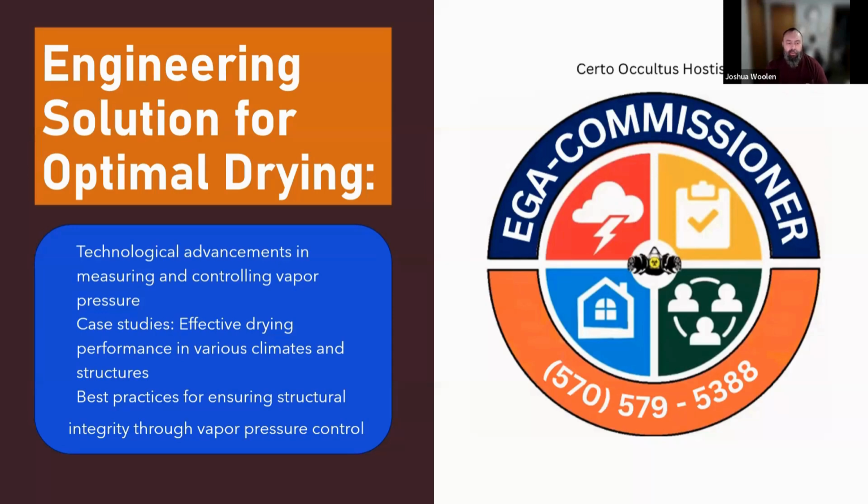How can vapor pressure be effectively managed in different climates and in different structures? And the answer is that it really can't be, because every environment is unique, every environment is different, and the materials can change rather rapidly from one floor to the next floor based on how things are set up and what things are where.